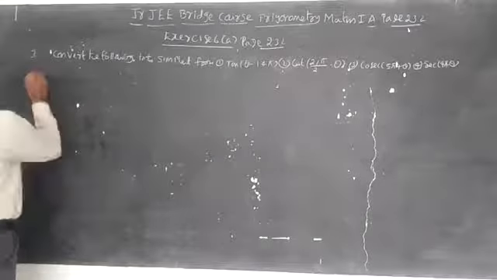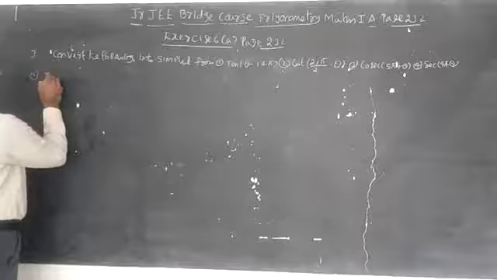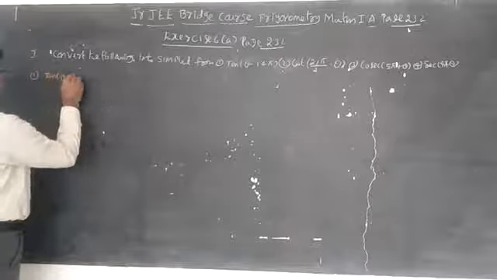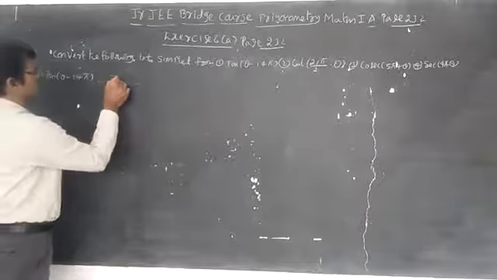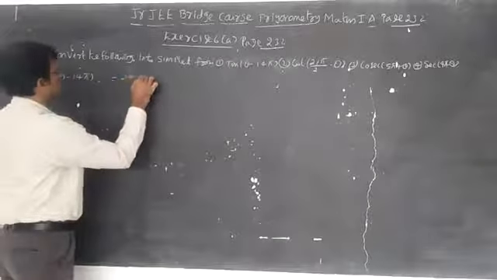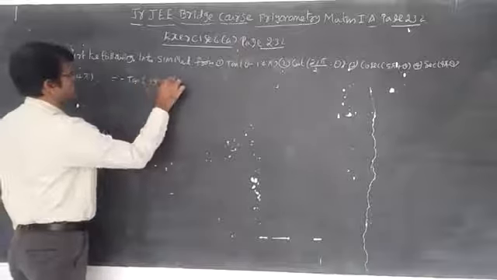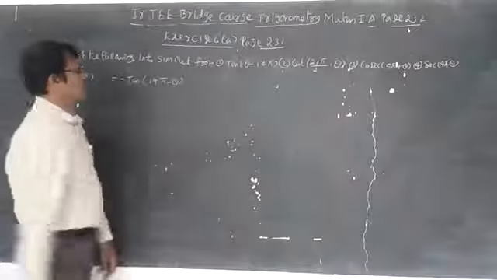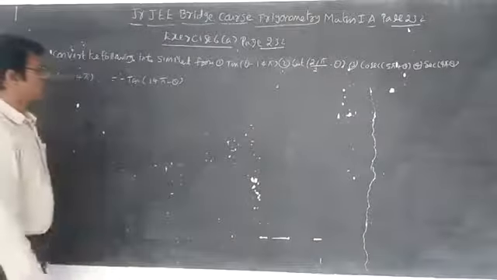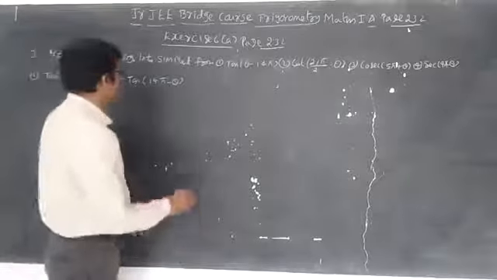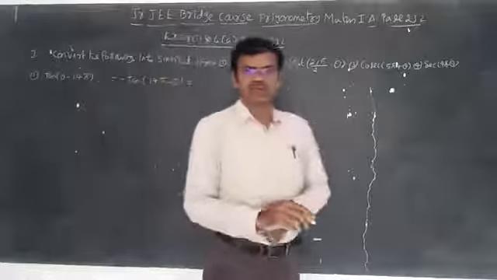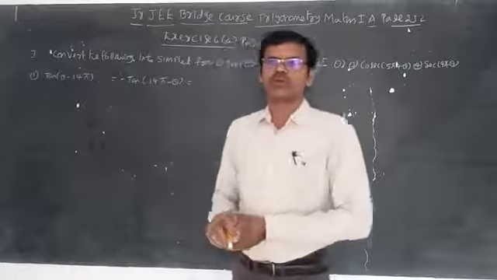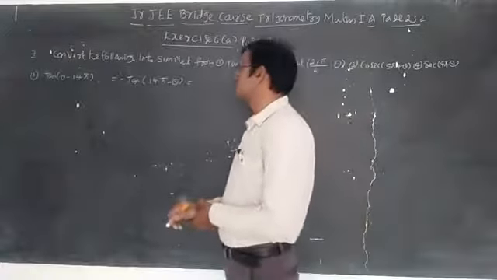First one, tan of theta minus 14 pi. We can write minus tan of 14 pi minus theta, because the formula tan of minus theta is equal to minus tan theta. 2 pi means 0, so multiples of 2 pi is nothing but 0.